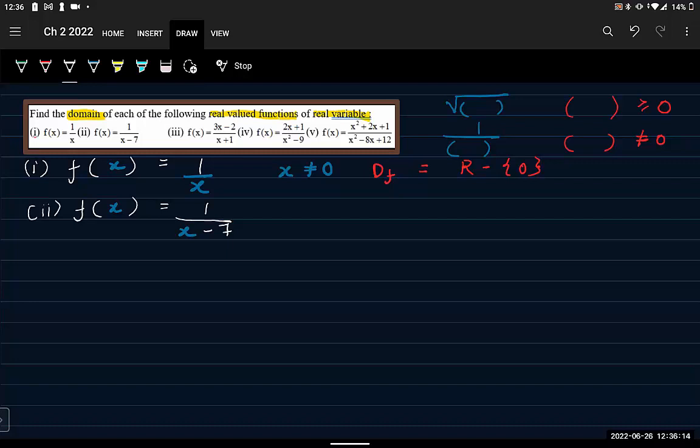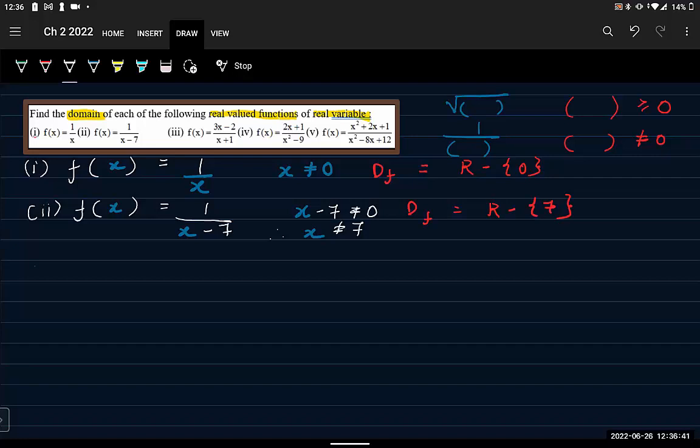Here also, since we have something in the denominator, we can say this denominator x minus 7 should not be equal to 0. Obviously, which means x cannot be equal to 7. So we can say the domain in second case would be all real numbers except 7.